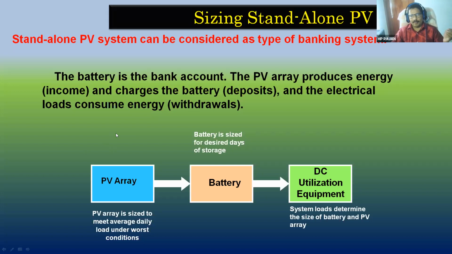Just like a money transaction happening in the bank. So this is your PV array, and you are depositing the solar energy in the battery. This battery energy is utilized, we can call it DC utilization, either to give supply to the inverter or to give supply to the DC loads.